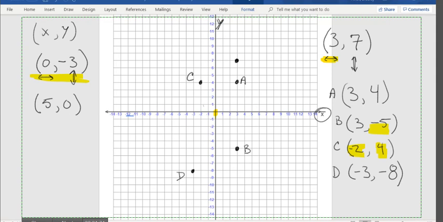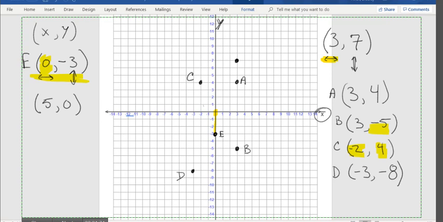So negative 1, 2, 3. So that one would actually end up on the y-axis, right? It ends up on the y-axis because it doesn't say to go anywhere on the x-axis. It will stay just right in the middle, okay? So I'm going to label that point E just to keep track of stuff. So that would be point E.